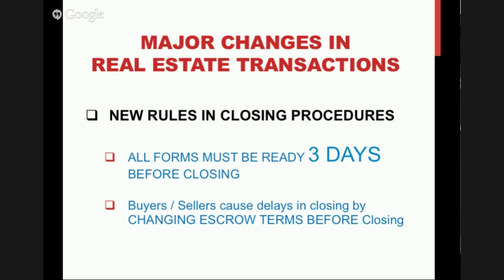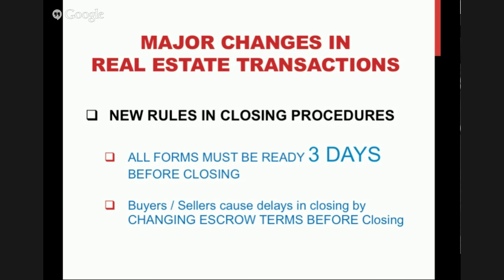So within the new closing procedures, and looking at the closing disclosure, all these forms must be ready 3 days before closing. So if the buyer and the seller have submitted all their documentation to their representatives, and those documents have made their way to the escrow officer or title company who's actually putting all this together, it's supposed to be an independent party.